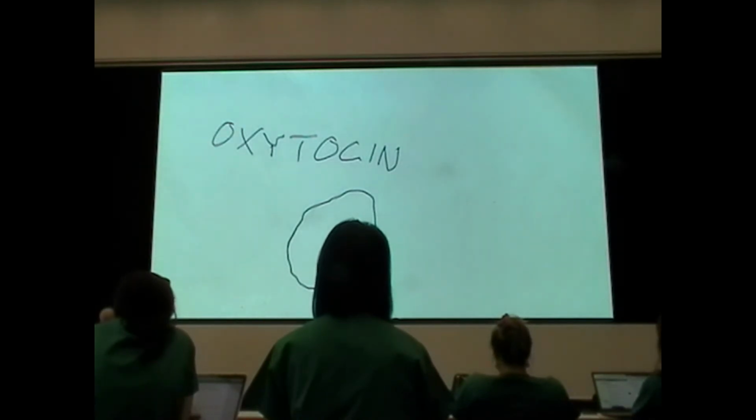So it's an important hormone during the birth process. And as I said, it's now available in artificial form, and it's used very, very widely. But it all comes originally from the study of the pituitary gland.